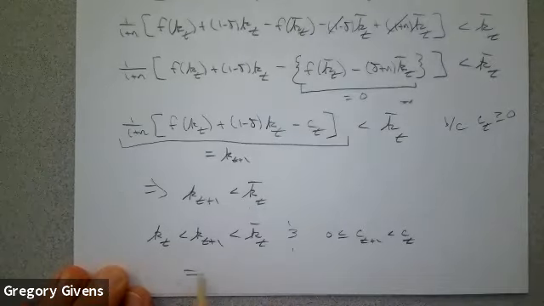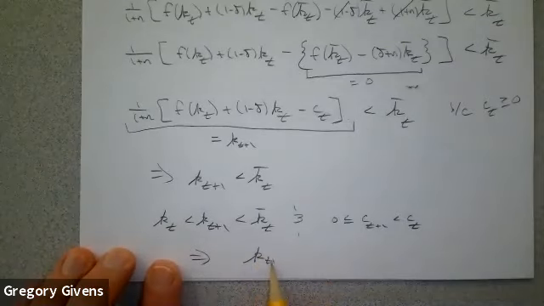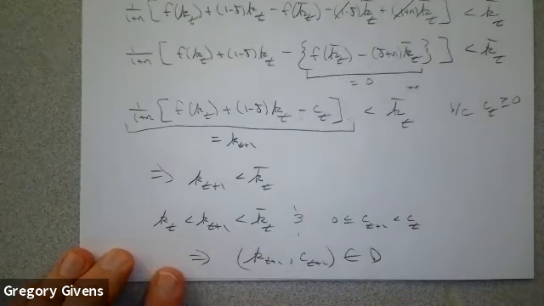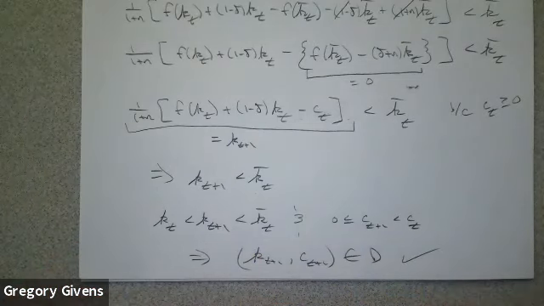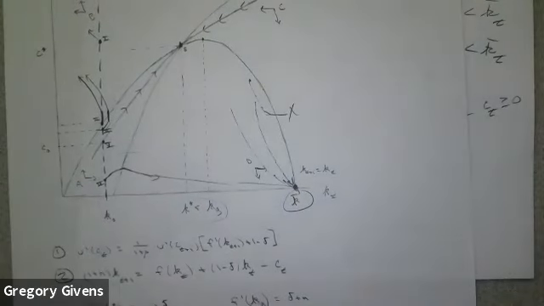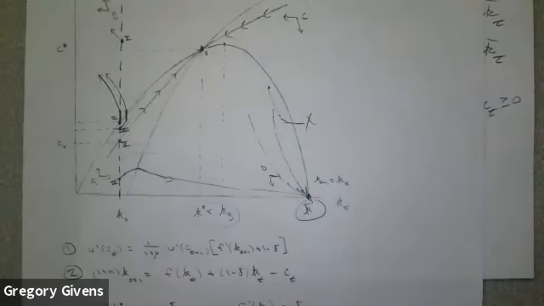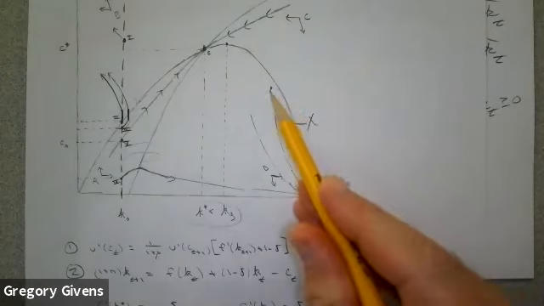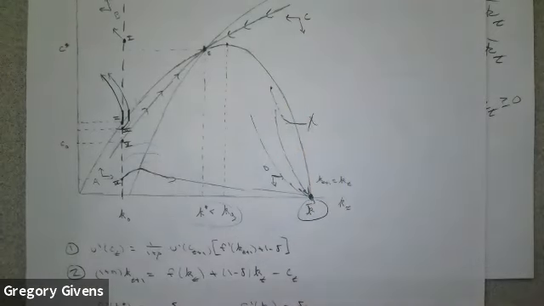It follows then that k_{t+1}, c_{t+1} must also be in region D. So it doesn't matter where you are in region D. If you take any arbitrary k_t, c_t point, we just proved that k_{t+1}, c_{t+1} also has to be in region D. So it's never possible to be in region D and spill over into region C.